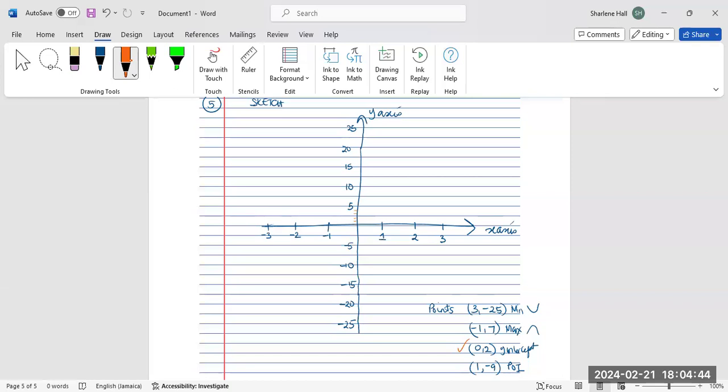So 0, 2 comes right about here. Agreed? And then -1, -9. So this is -5, -6, -7, -8, -9. So -9 is right here.